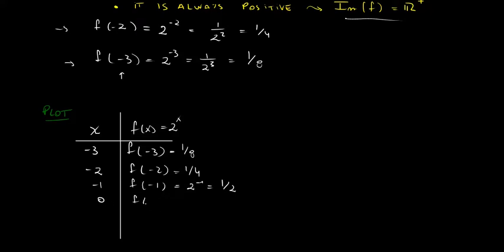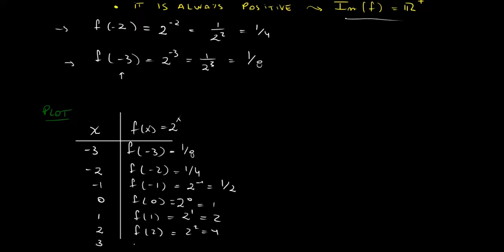In 0, we'll have 2 to the power 0, and this will always give us 1. In 1, f of 1 is 2 to the power 1, which equals 2. In 2, we have 2 squared, 4.